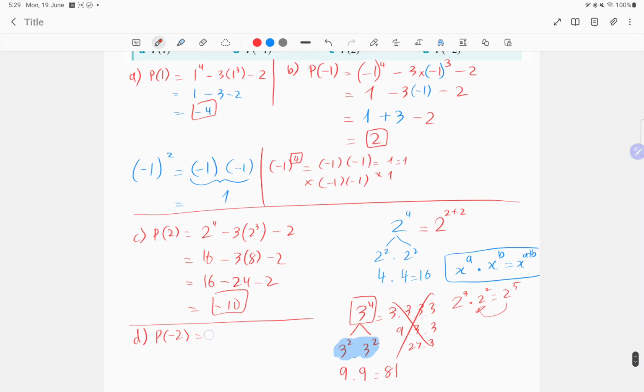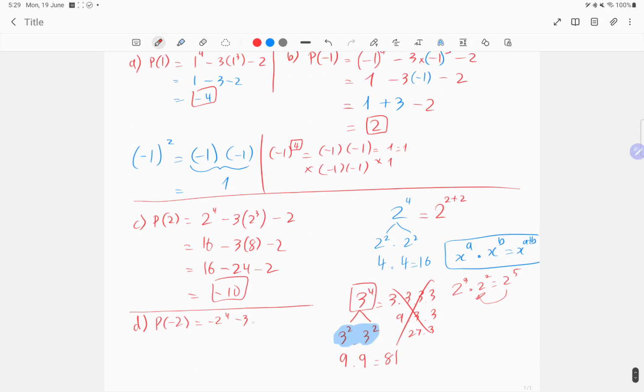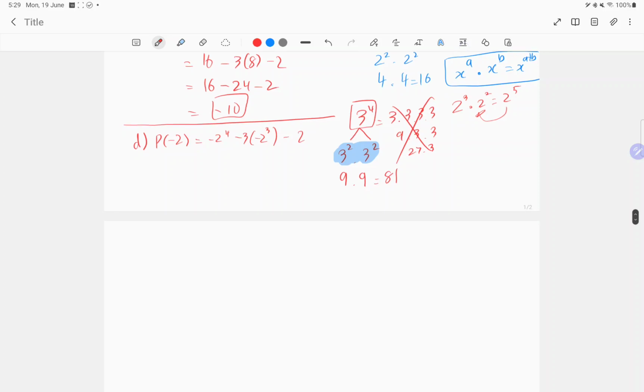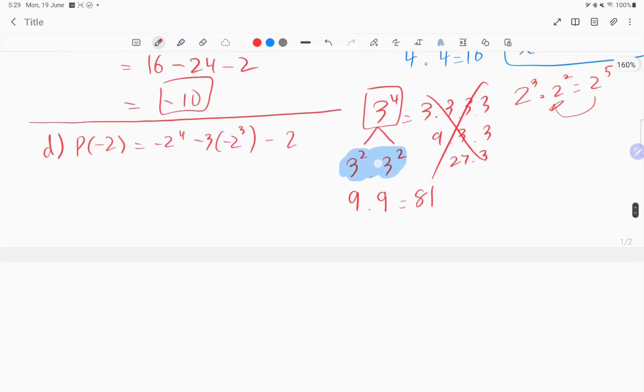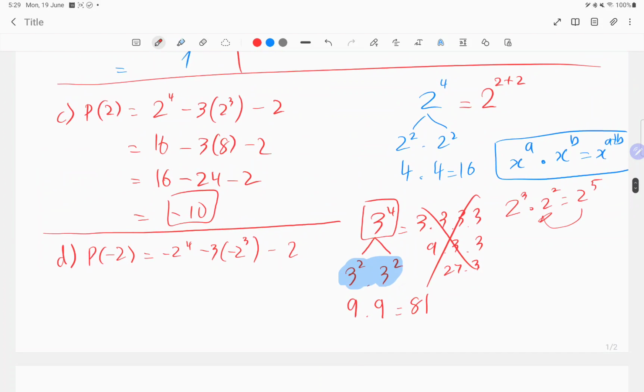So now question D, the last one: P of negative 2 equals 2. Negative 2 power 4 minus 3 times negative 2 power 3 here, and then minus 2. Is that right, Manny?